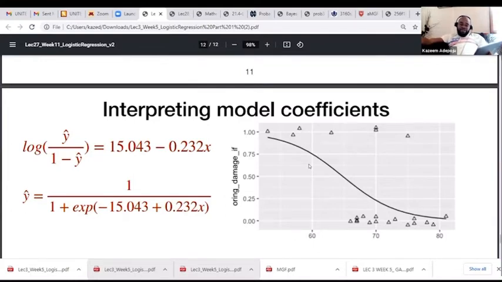It's either you are considered for admission or not, and that will depend on some predictors, maybe predictors like the pedigree of your undergrad school, your GPA, and so on. So your y cap in that situation will actually be the expected probability of being given admission.